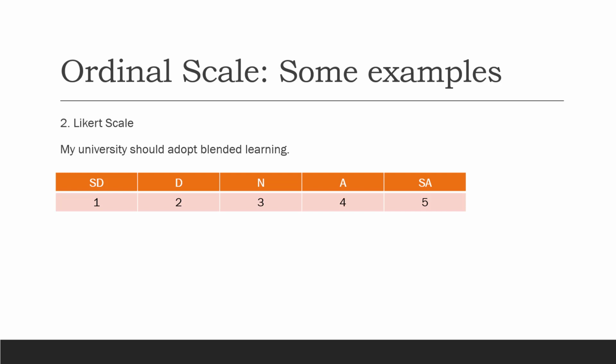So once again, we treat a Likert scale as truly ordinal, simply because the gap between strongly disagree and disagree does not equal the gap between neutral and agree, or the gap between agree and strongly agree.